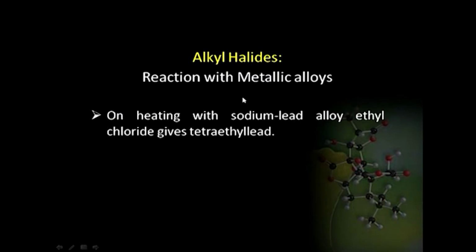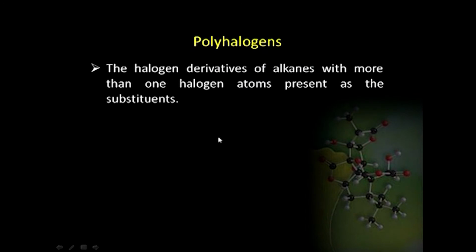The alkyl halides can react with metallic alloys like sodium-lead alloy and, with ethyl chloride, they produce tetraethyl lead. Now, we consider some polyhalogens. The halogen derivatives of alkanes with more than one halogen atom present as substituents are called polyhalogens.